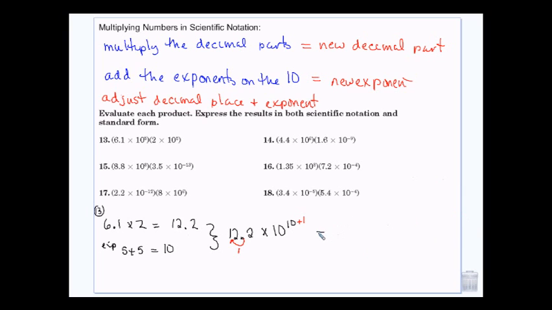So this becomes 1.22 times 10 to the 11th, because we can't have more than one digit before the decimal place in scientific notation. So we have to fix it. If we got 12.2, we have to make it 1.22. But because we moved one decimal place over, we have to add that here. Does that make sense?